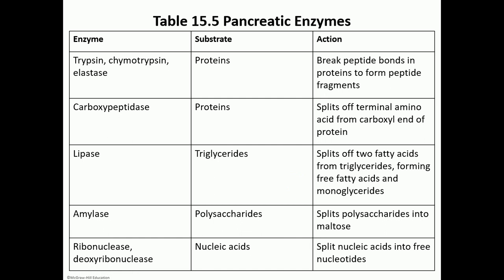Now this is a list of your pancreatic enzymes. Trypsin, chymotrypsin, and elastase, all three of these are going to digest proteins into smaller peptide chains. Carboxypeptidase is another protein digesting enzyme, and it removes the amino acid on the carboxyl end of the peptide chain.